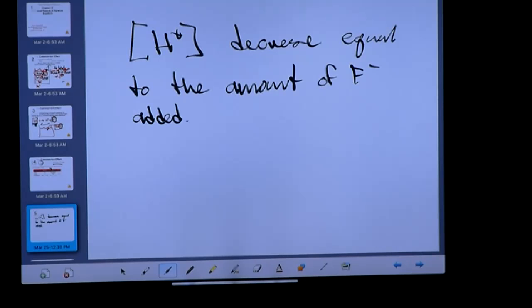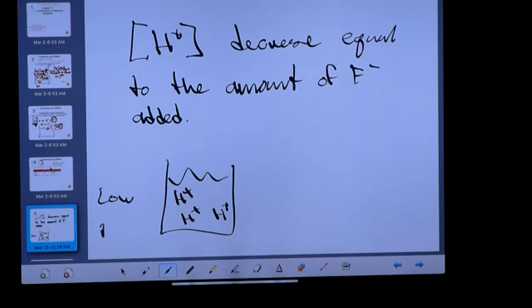So if you have a bunch of H pluses just chilling, hanging out, which means you would have a low pH, right? Or it'd be very acidic. And then I dump in, it doesn't have to be even HF, it could be NaF. I put that in there and this dissociates.